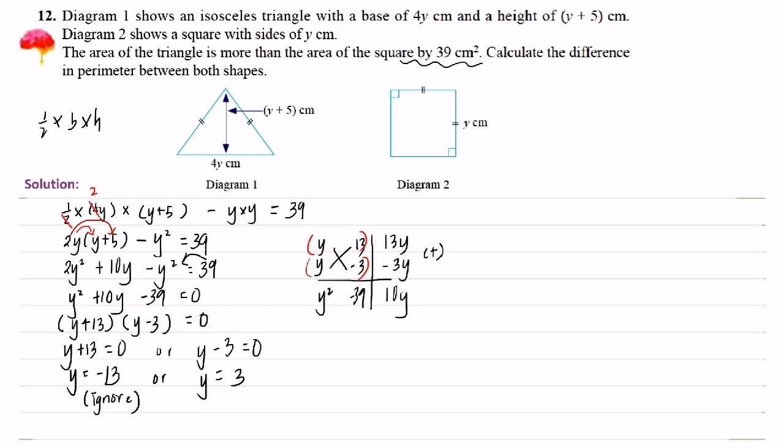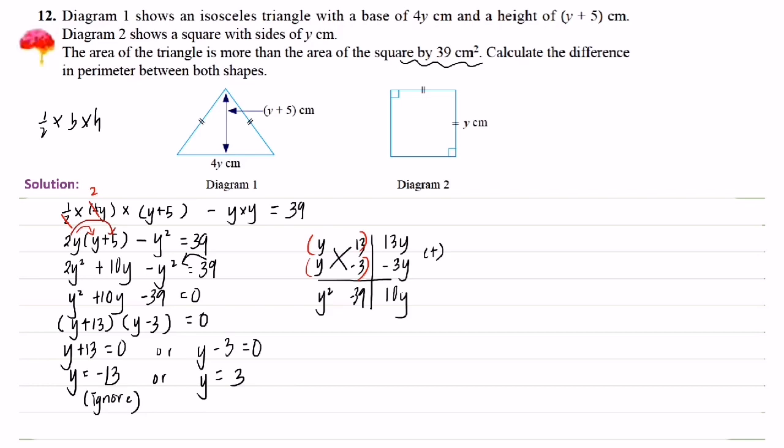After we find the value of y, now we need to find the perimeter of triangle and square. After that, we find the difference in perimeter between both shapes. So now we try to find the perimeter of triangle.